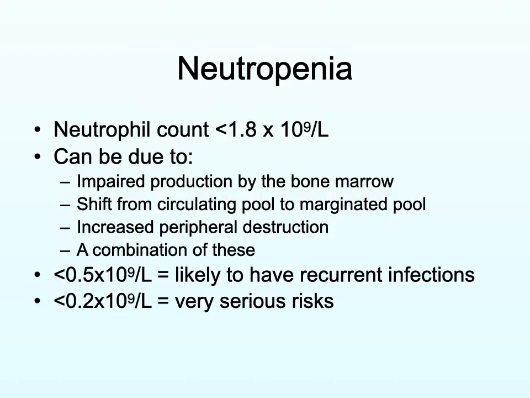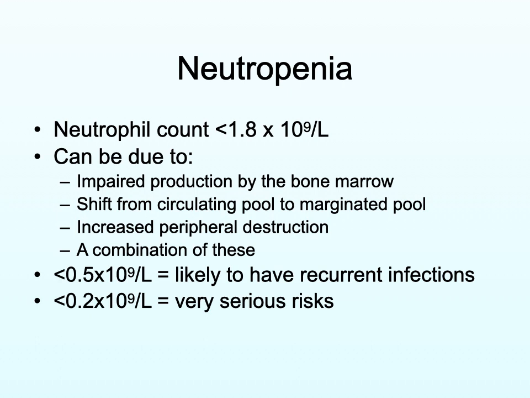Now, a decrease below normal. Neutropenia is an absolute reduction in the number of circulating neutrophils below 1.8. Remember, the lower limit of normal neutrophils is 2.5. Neutropenia can be due to impaired production in bone marrow, shift from the circulating pool to the marginated pool, increased peripheral destruction, or a combination of these.